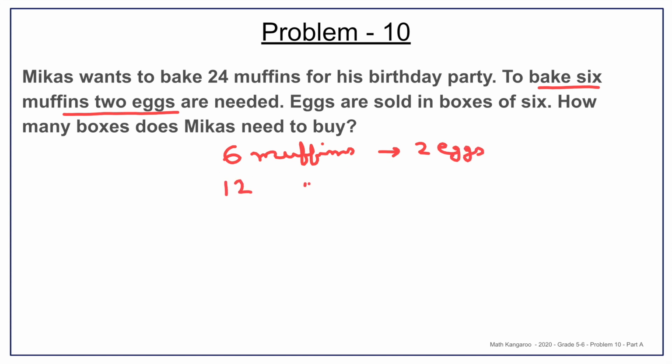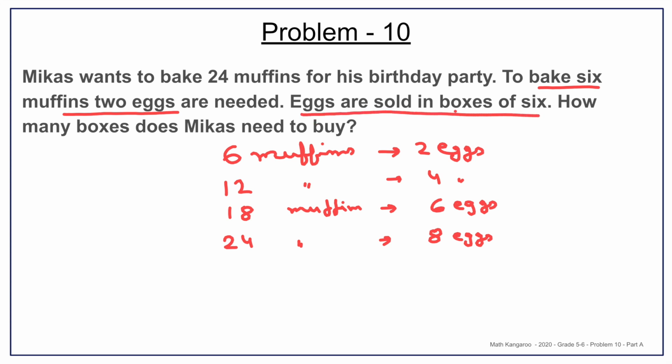12 muffins need 4 eggs. 18 muffins need 6 eggs. And 24 muffins need 8 eggs. Now how are eggs sold? Eggs are sold in boxes of 6.